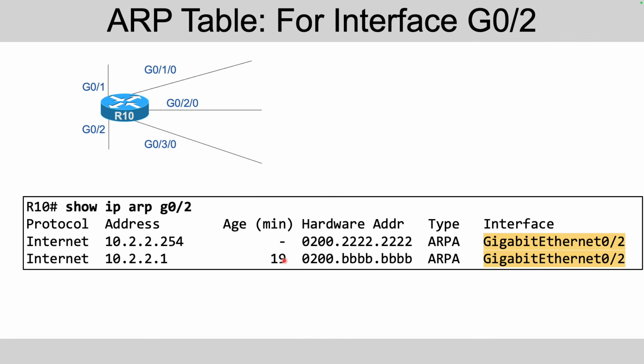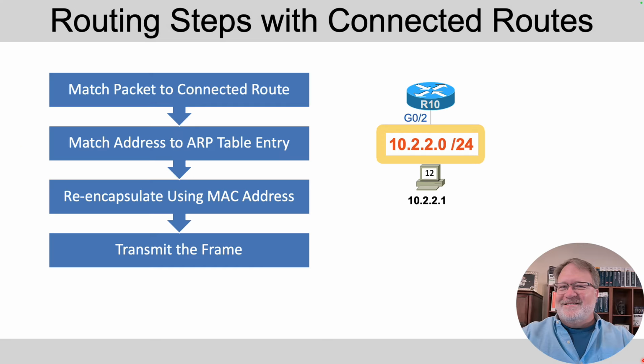For another example, consider interface gig02 with the other subnet. You'll see just entries in subnet 10.220. You see no timeout for the router interface IP address and a growing timeout value for the one endpoint device that's been learned and in the ARP table so far.